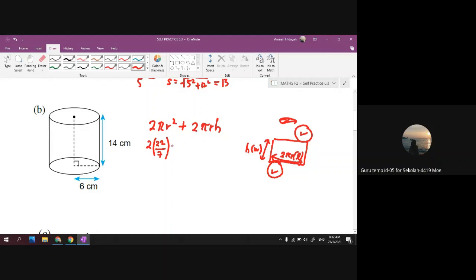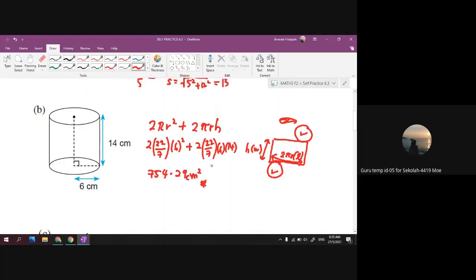Usually they will give you the value for the radius, so you don't need to find the radius. Height dia adalah 14. So total these two adalah 754.29 cm square. Okay. So kalau ada yang belum complete lagi, sambil-sambil saya tulis tunjuk ni, kamu bolehlah buat sekali.